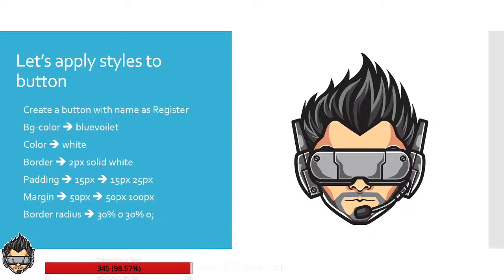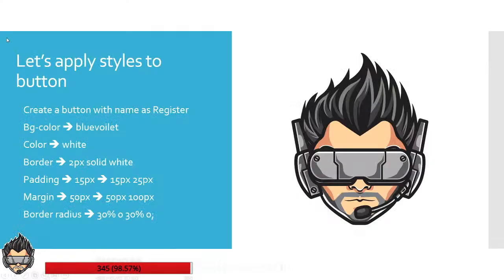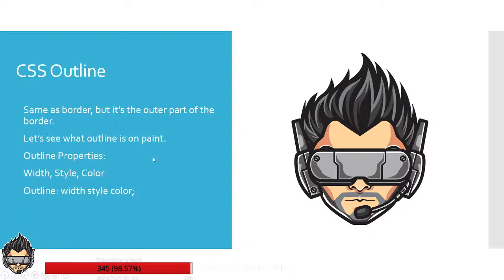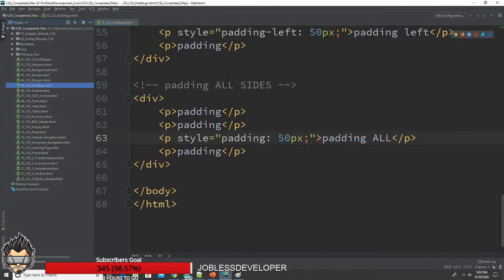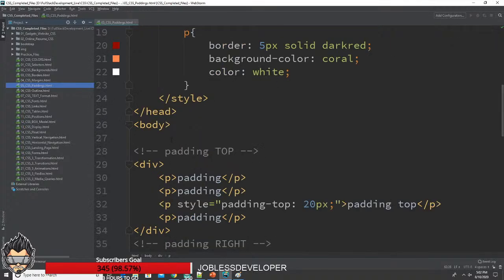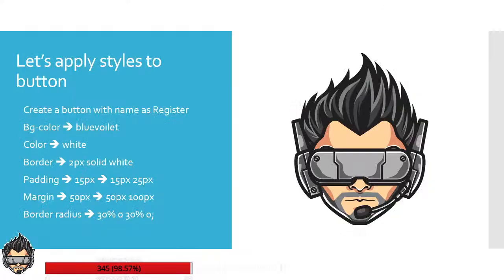Yes, so now that we know what this is, he's saying that let's try to create a style to a button. Okay. So he's saying that create a button with a name called register. So I created a button with a button tag.